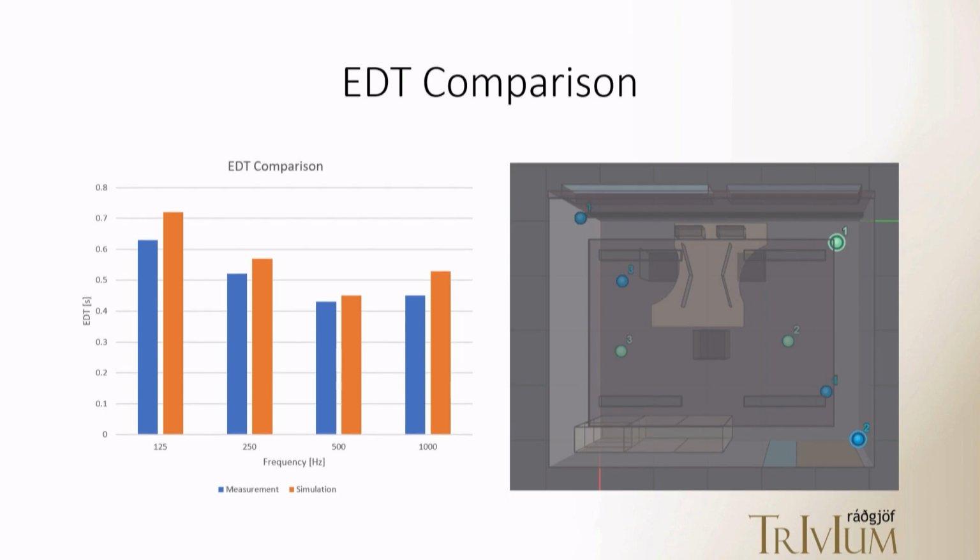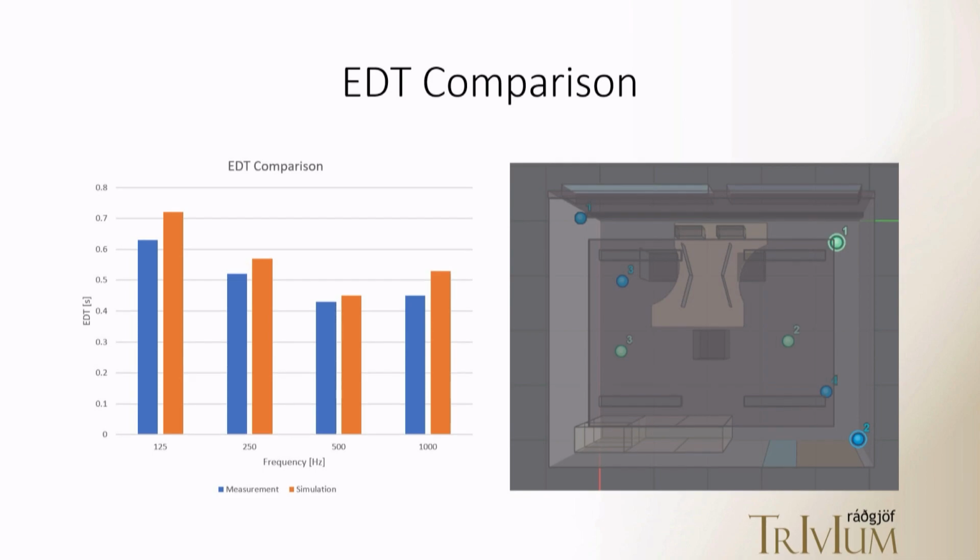So here we can see the case where we have the source in the upper right corner, highlighted by the green 1, and the receiver in the lower right corner, highlighted by the blue 2. In my measurements, the source was actually closer to the corner itself, but in Treble you can't place a source right up next to a surface. So bear that in mind.